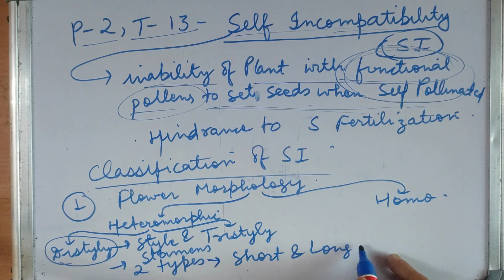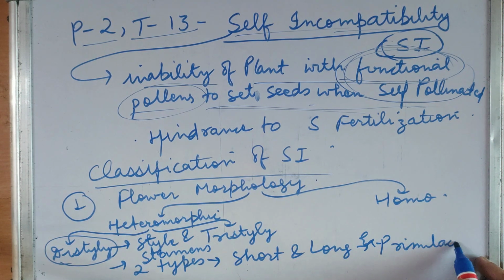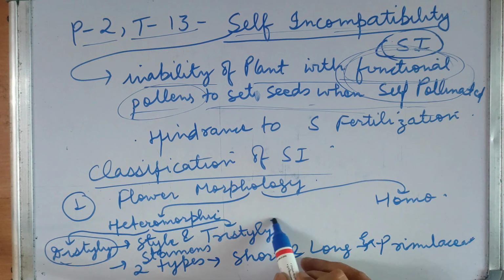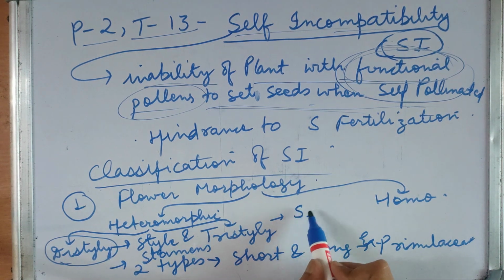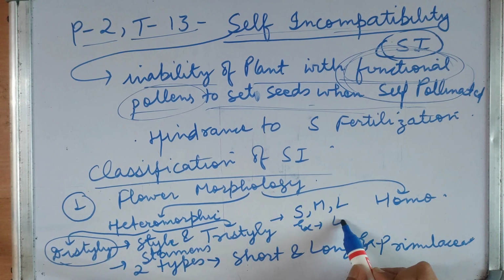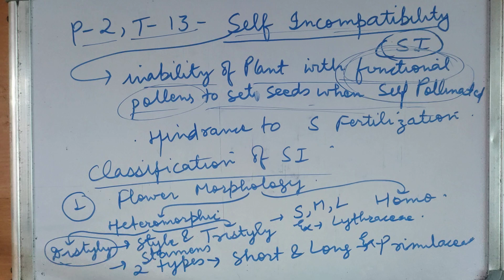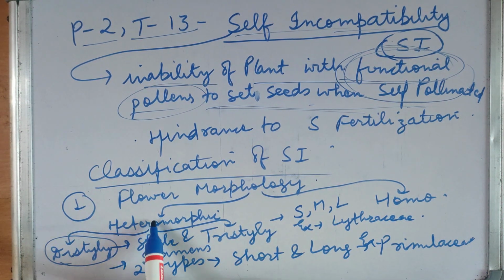It can be seen in, for example, Primulaceae. And what happens in tristyly? Here the style and stamen are of three types, that is short, medium and long, and it is seen in Primulaceae. So it was about heteromorphic, and what does hetero suggest here?